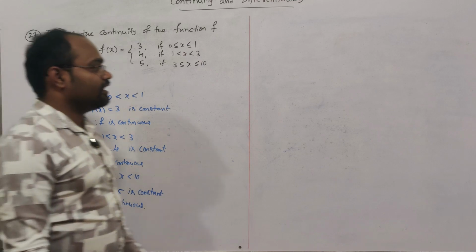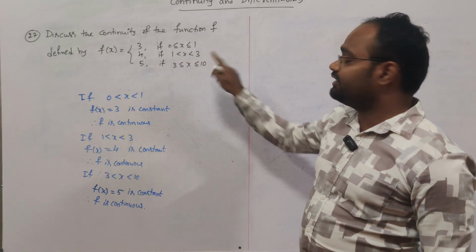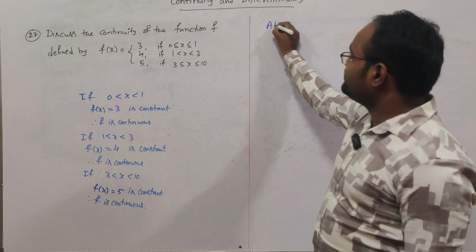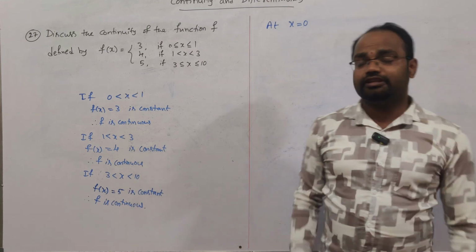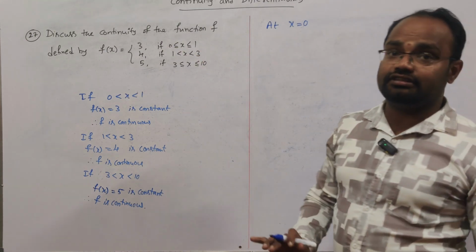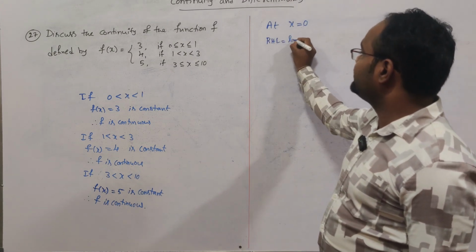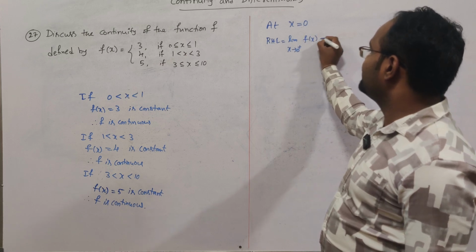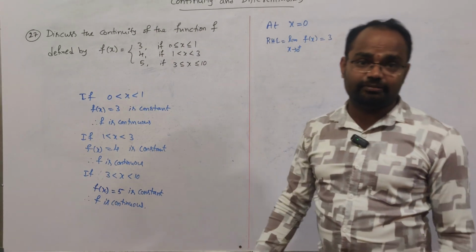Now at the points 0, 1, 3 and 10, let us check the continuity of the function. At x is equal to 0 ಏನು ಬರುತ್ತೆ, since it is the starting point we will not get the LHL, only we will get RHL. RHL ಏನಾಗುತ್ತೆ, limit as x tends to 0 plus f of x, which is nothing but 3, slightly greater than 3 ಅಂದರೆ 3 ನೇ ಬರುತ್ತೆ.